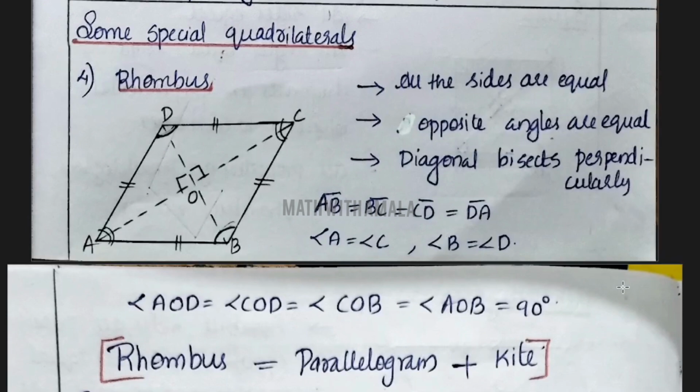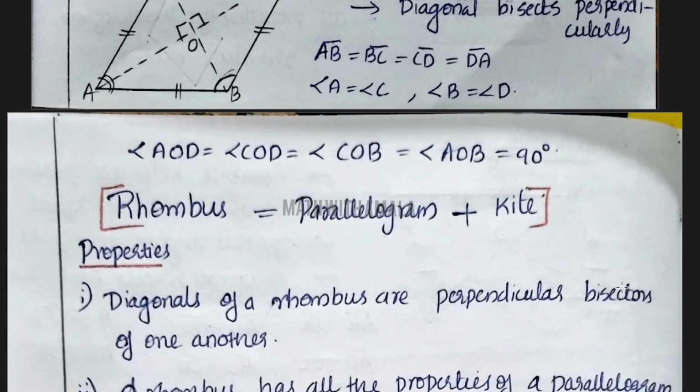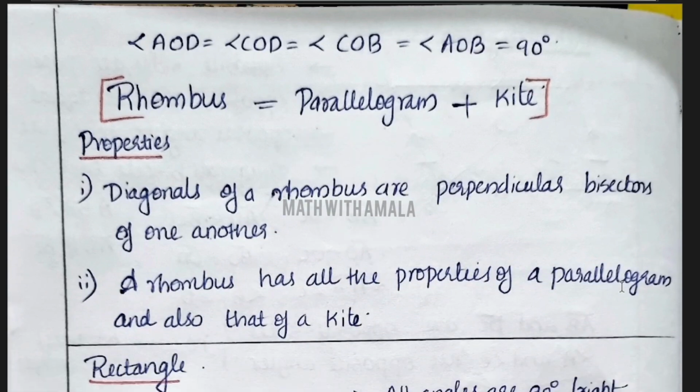Some special quadrilaterals. First one, rhombus. All the sides are equal. A rhombus is similar to a square if it does not have a slant. Opposite angles are equal. Diagonals bisect perpendicularly. AB equal to BC equal to CD equal to DA. Angle A equal to angle C, angle B equal to angle D. These are all correctly depicted in the figure itself.